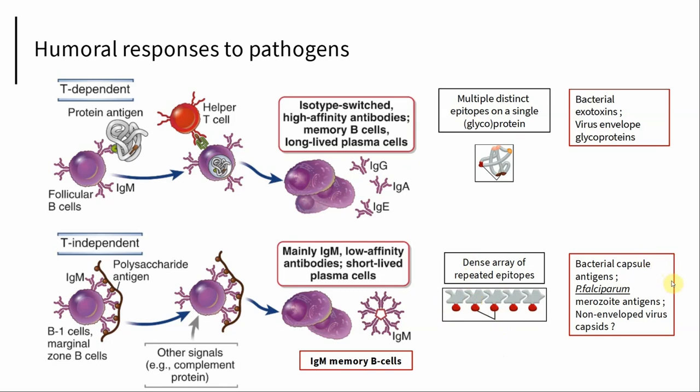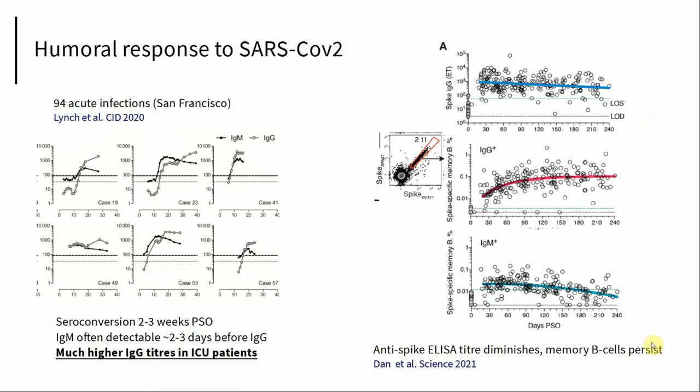Also, some of the very dense glycoproteins on the surface of particular parasites, like Plasmodium falciparum merozoite antigens, give a strong IgM memory response. And in the lab, we've got some indication that some non-envelope virus capsids can also give you a pretty significant IgM memory response. So yeah.